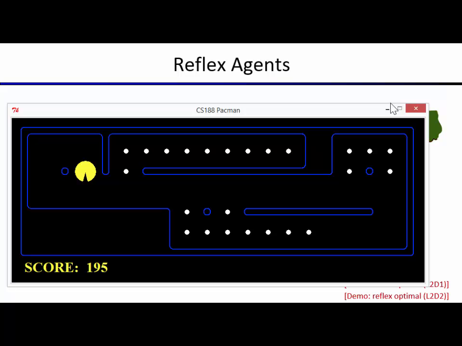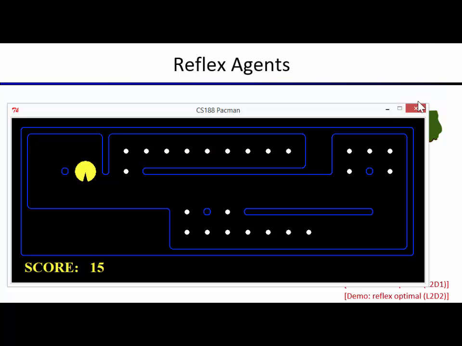And now it's saying east, east, east, east, east. One thing you notice, its score keeps going down. This is not a standard Pac-Man game thing. This is the modification we make in 188, where every time step that passes, you lose 1 point. So sitting there and doing nothing, things get worse and worse and worse for you. But that's what a reflex agent is. It has its limitations. It doesn't think ahead. It doesn't realize that nothing's going to happen by taking the action east, and it just keeps trying that action.